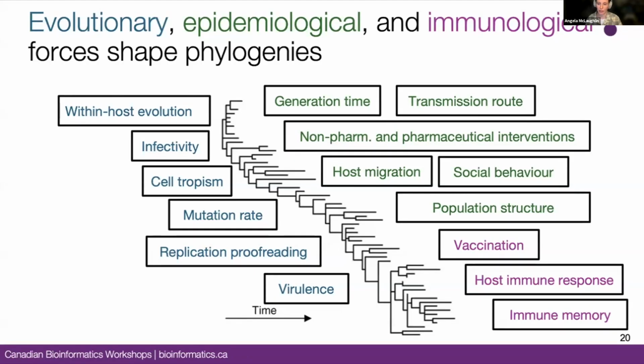We have population structure to consider as well, which is the delineation of the population into more closely interrelated subpopulations. And then we have some of these immunological forces, like whether people have been vaccinated and with what and how frequently, what their host immune response has been and how strong it is, and how much memory they have, and whether that wanes quickly. So these are the type of things that are considered in a phylodynamic lens.